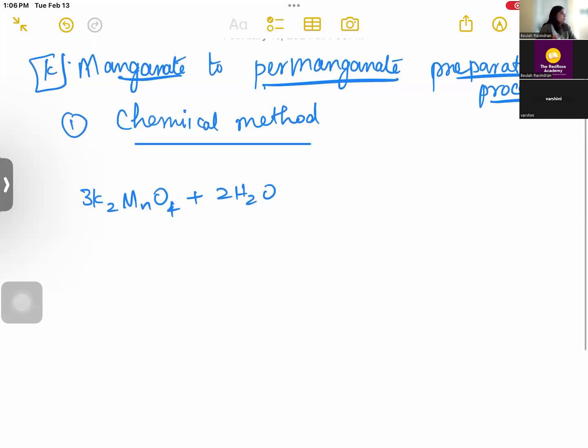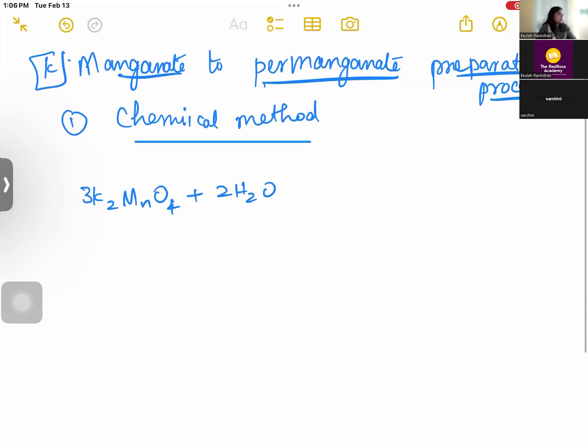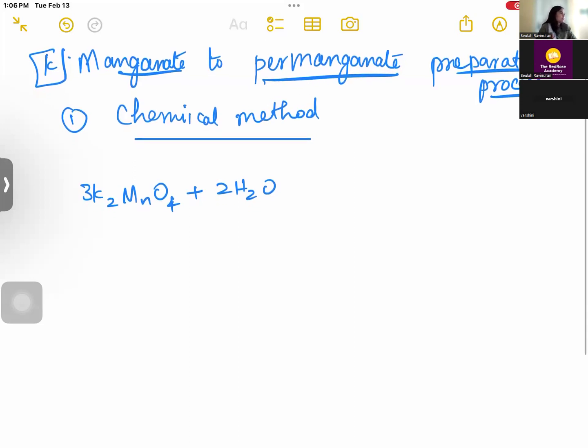Okay? Then potassium manganate gets oxidized to potassium permanganate. So this oxidation process will take up all these reactions. It won't easily mix with oxygen. The remaining hydrated manganese dioxide precipitates out. Precipitated means it settles down.